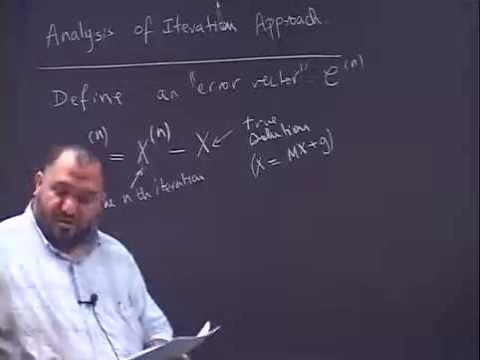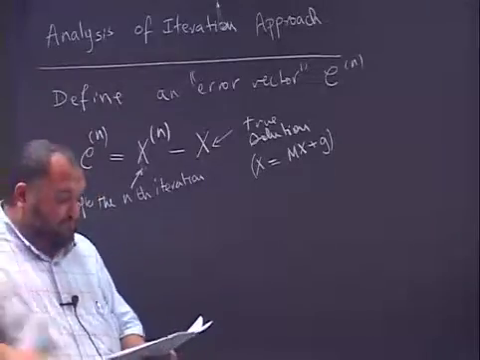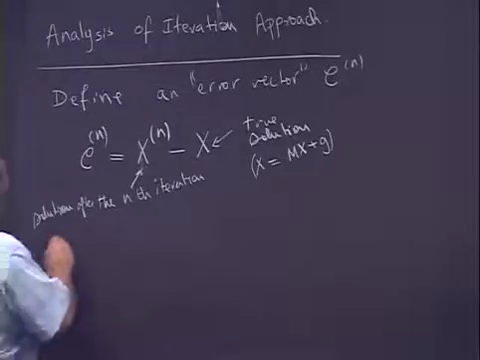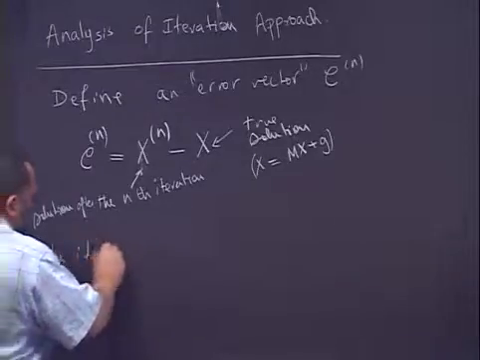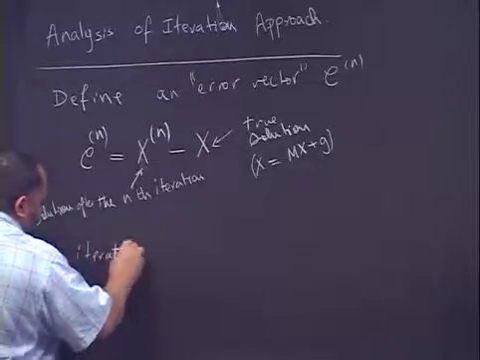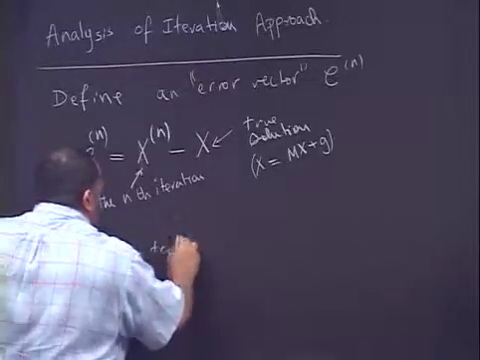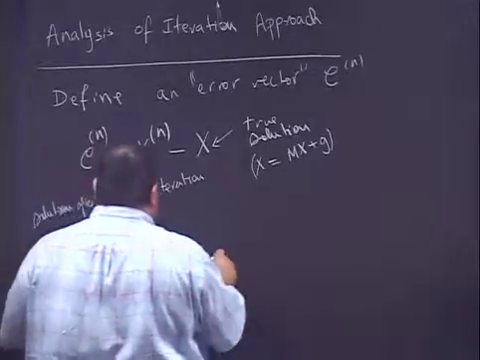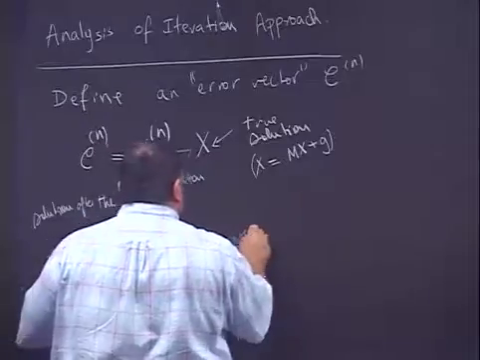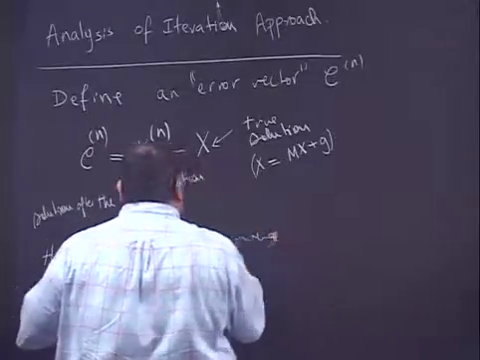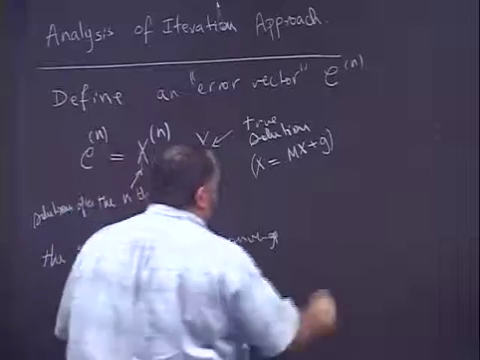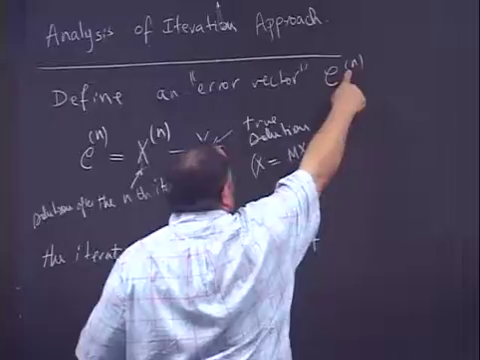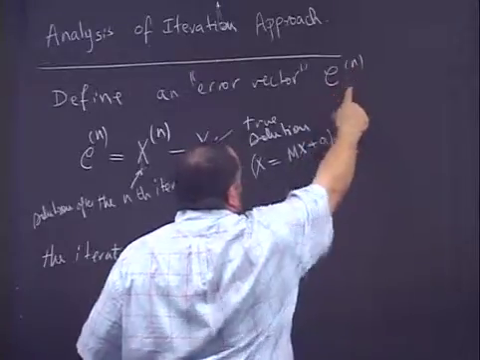So now, the iteration technique will converge if the error after the nth iteration goes to 0.